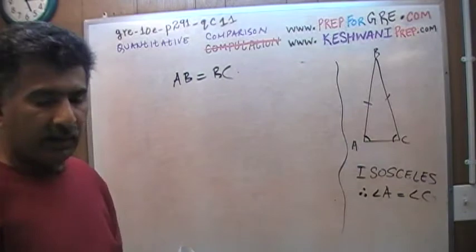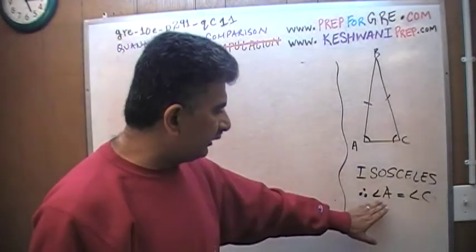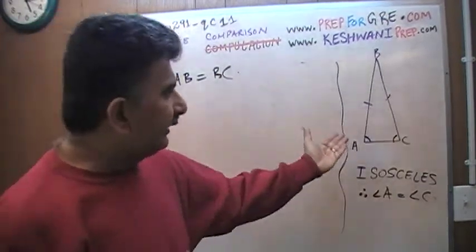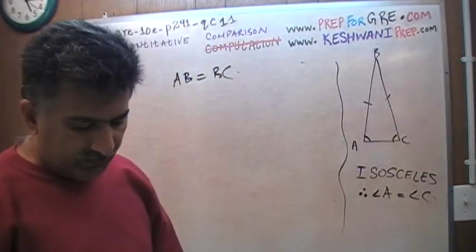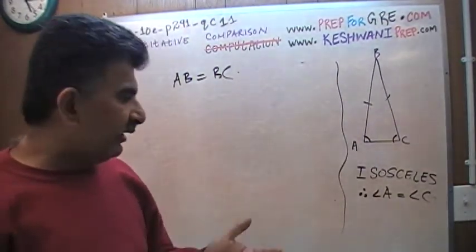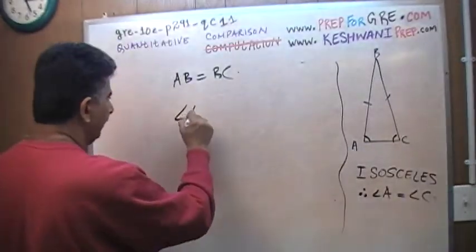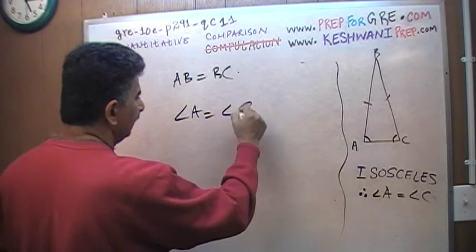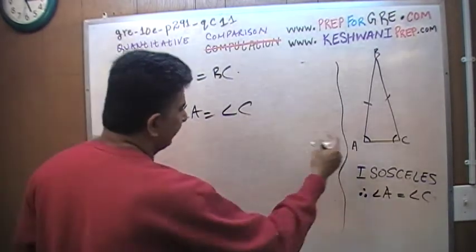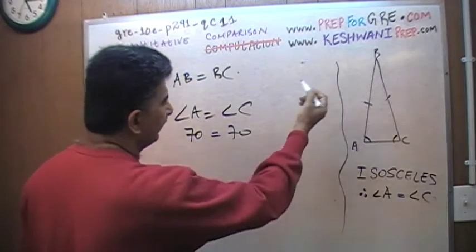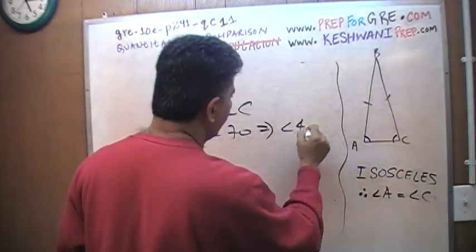And therefore, all I can say for certainty is that angle A equals angle C. I do not know what they are. The fact that they add up to 180 doesn't help me in answering how much angle B is. If, for example, A turns out to be 70 and C turns out to be 70, in that case angle B would be 40.